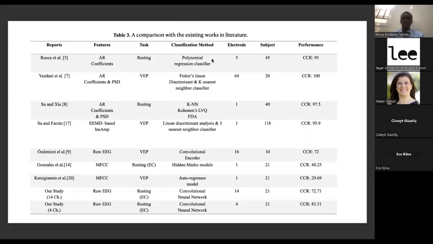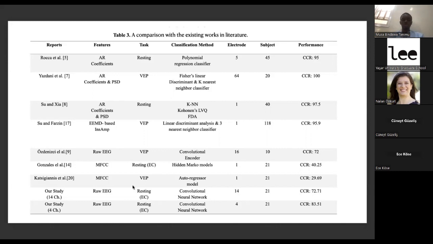It is fair to say that most of the work from this literature uses the same data set, the BED data set. However, some of them used the resting state like us, while others used other tasks. You can see that our study has a significantly high correct classification ratio in comparison with some of these.